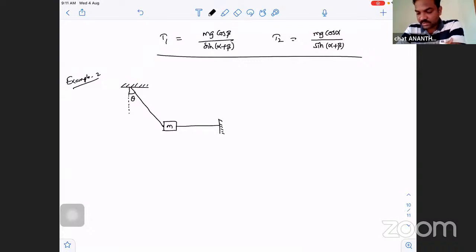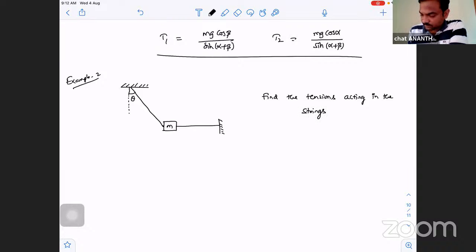One string is horizontal, other string is at an angle theta with the vertical. Then find the tensions T1 and T2, the tensions acting in the strings. No need to say that the object is at rest. The object is hung by two strings.